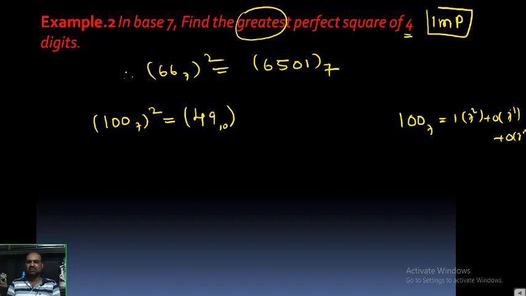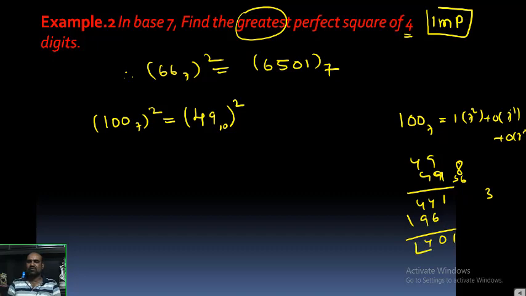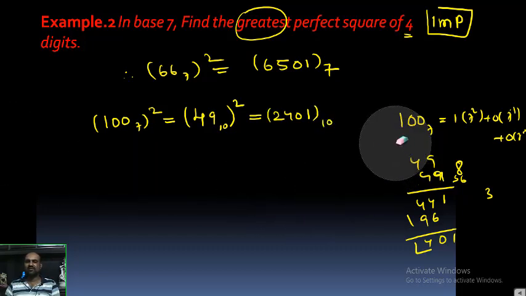Square I want: 49 times 49 is 2401 in base 10.